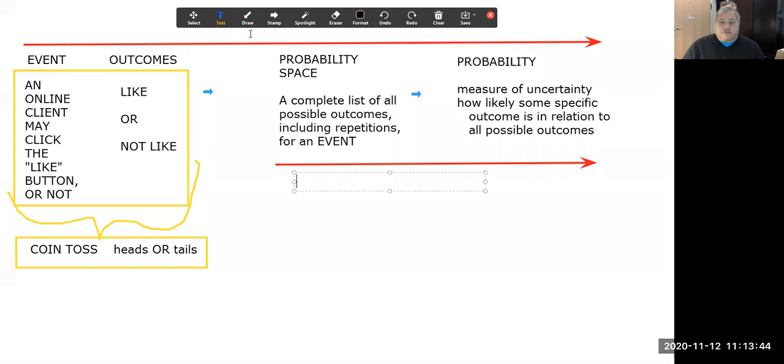So we take advantage of principles like randomness and like the law of large numbers, and we use them to then build 9 rules of probability that allow us to measure these likelihoods of occurrences.